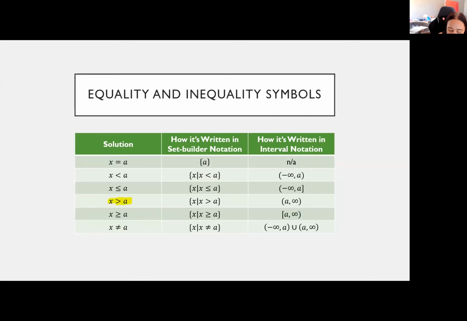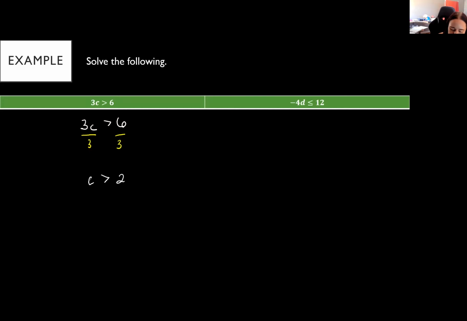So we have something that looks like this, where A is 2. So we're going to write our answer like this: parenthesis 2, comma, infinity, parenthesis. And that's how you write your answer in interval notation.